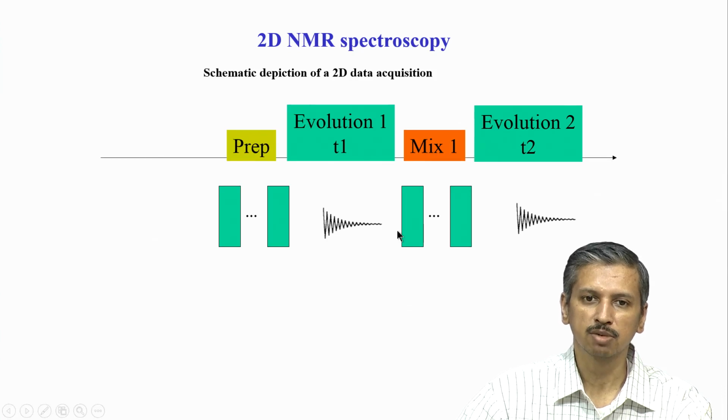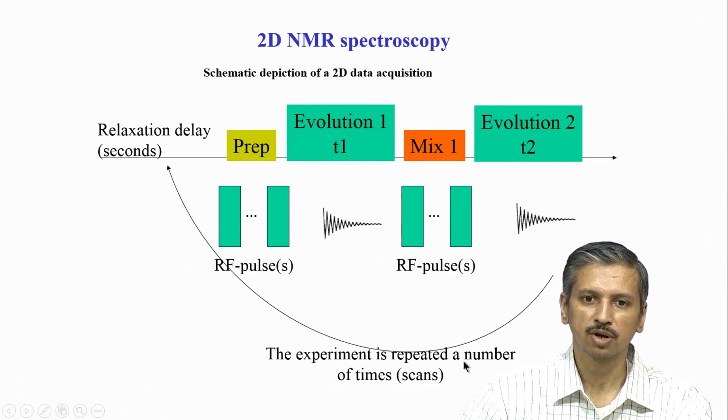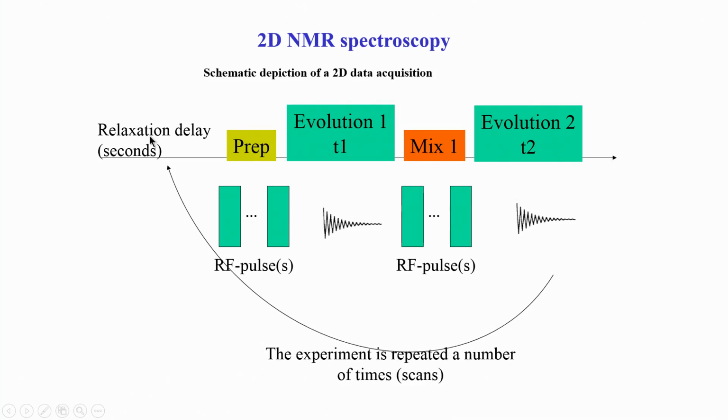So, this is the schematic of a 2D NMR. This is a relaxation delay, RF pulse, then again a set of RF pulses and so on. We have to repeat this n number of times, and that depends on how many scans. There are 2 constraints here.